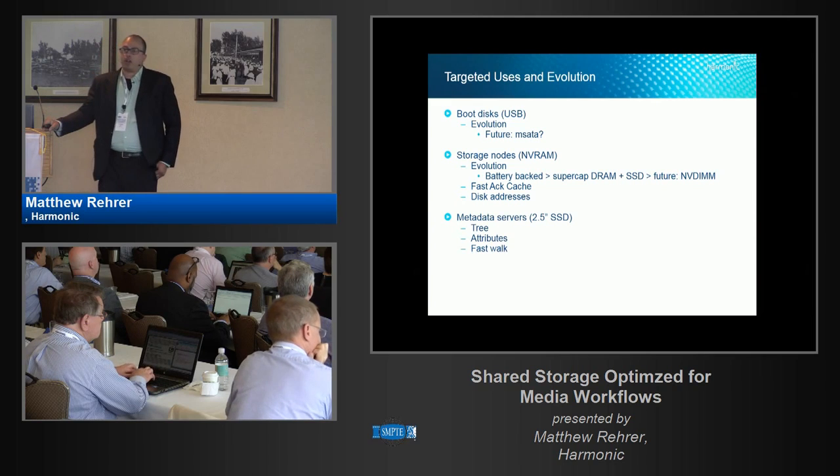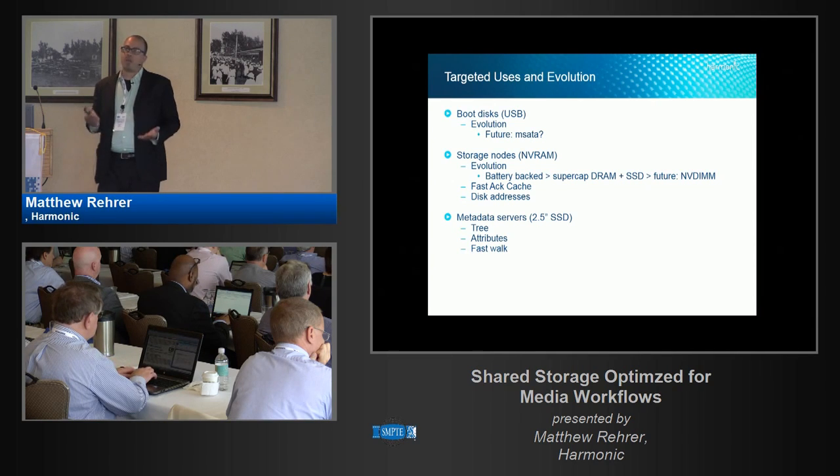And I mentioned earlier, today we're using 2.5-inch drives for the actual bulk metadata in the system, and that we don't see changing anytime soon. But another possible candidate here would be something PCIe-based solid state instead of a commodity off-the-shelf 2.5-inch device. There are benefits to both.